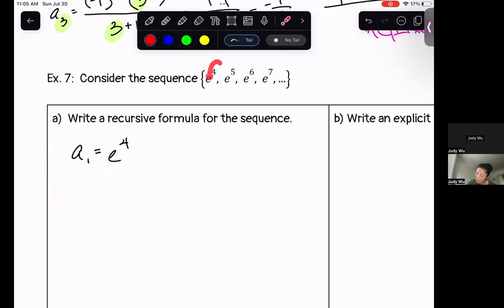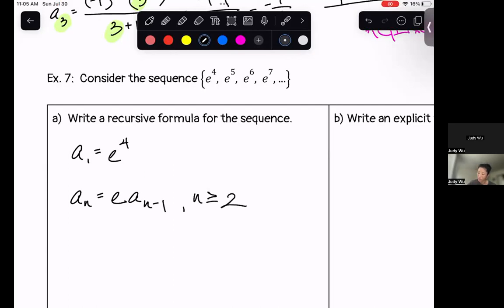Now, what's happening as I go from term to term to term? Well, I'm multiplying by another copy of e. So I had 4, but now I have 5, 6, 7. So each time I'm multiplying by e. That means we say a sub n is e times the previous term, where n has to be greater than or equal to 2.